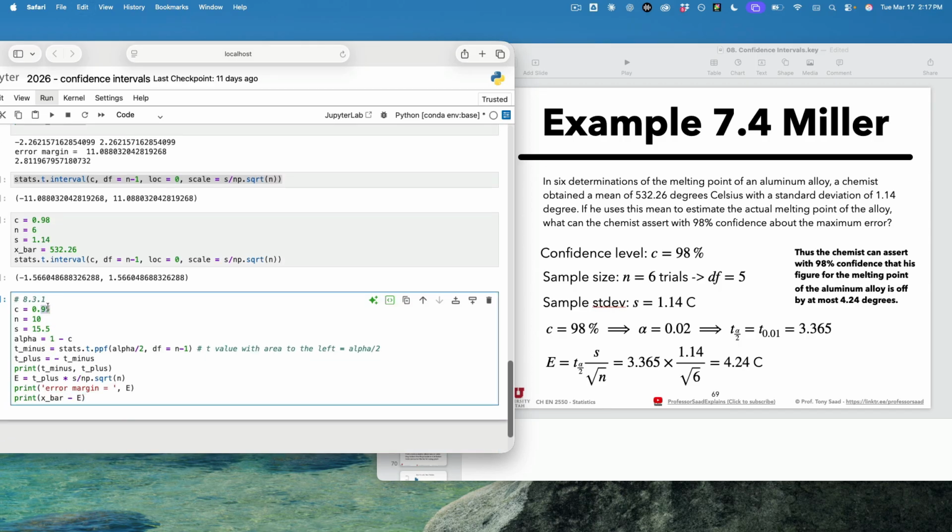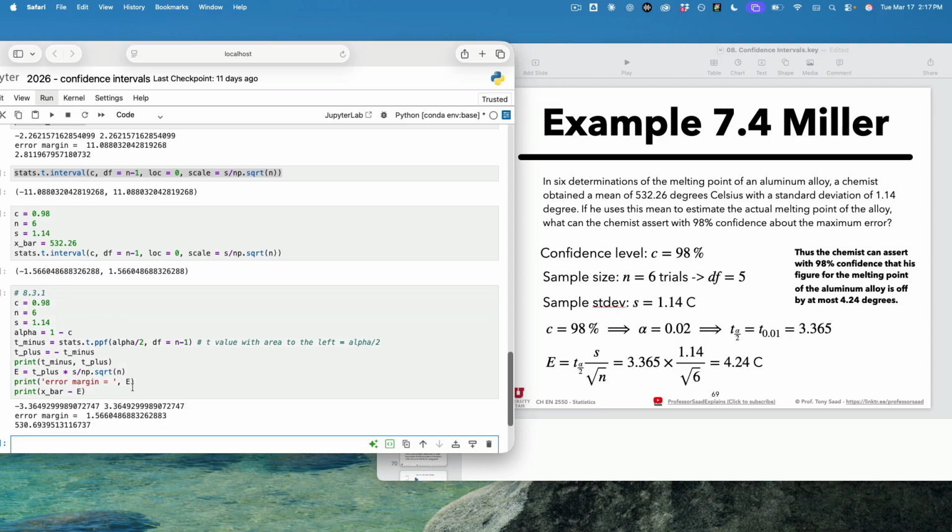So I'm going to put 0.98 over here. N is equal to 6. And then my S is 1.14. I got everything right. Yep, so I have a mistake on the slides. So the error margin is about 1.6 degrees.